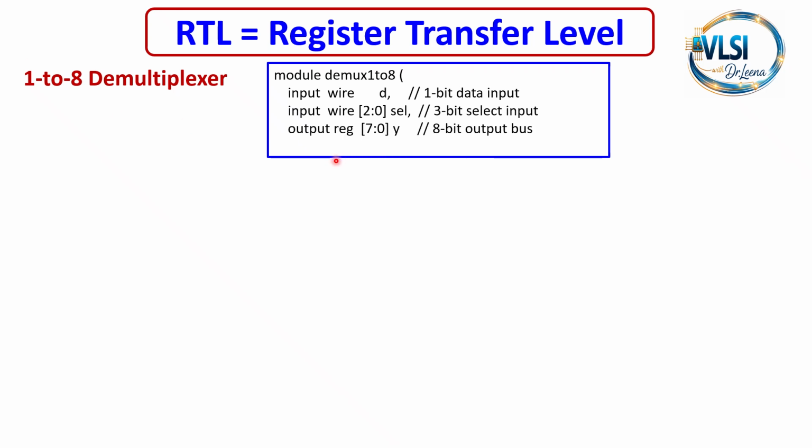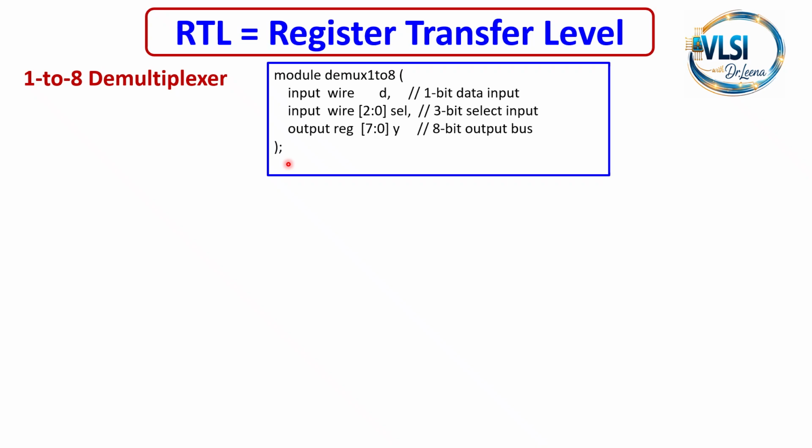We are going to give the output, that is the 8 bit output bus Y. It is defined as reg because it is assigned inside an always block. We have already seen all these clearly in the previous videos. And then we are going to end the port declaration list.